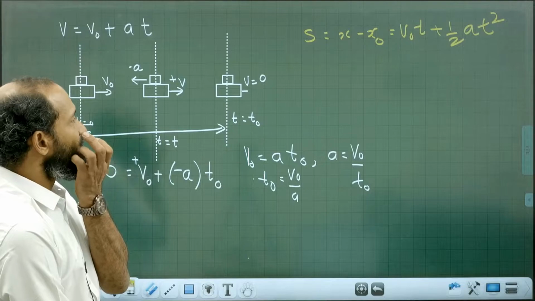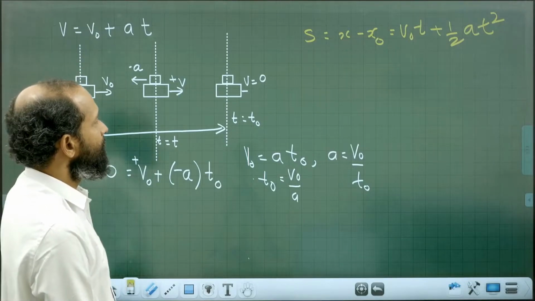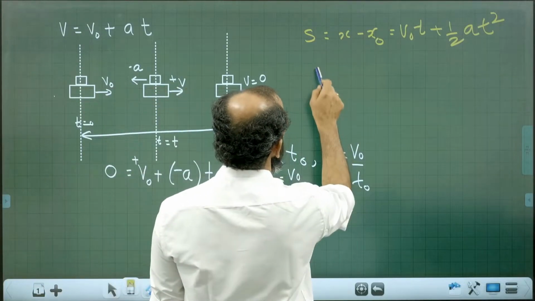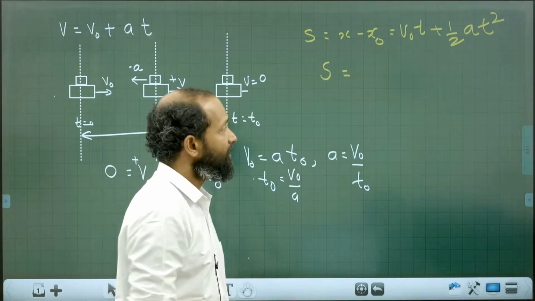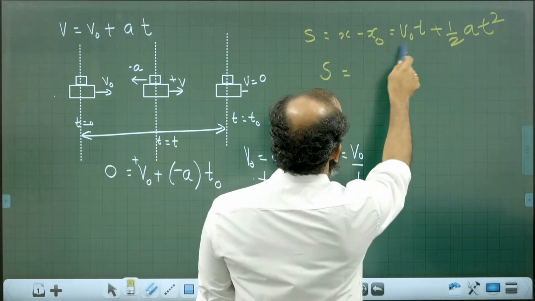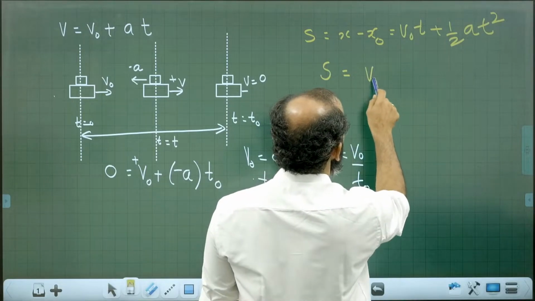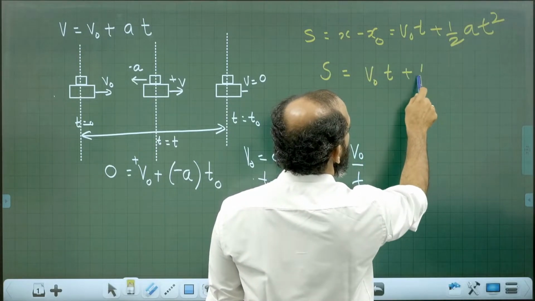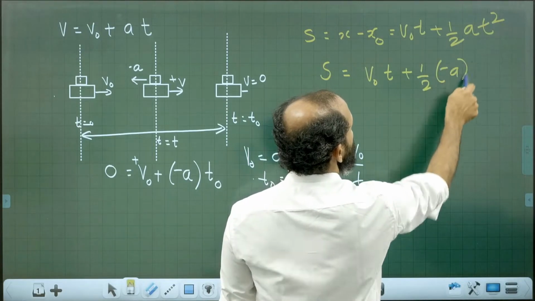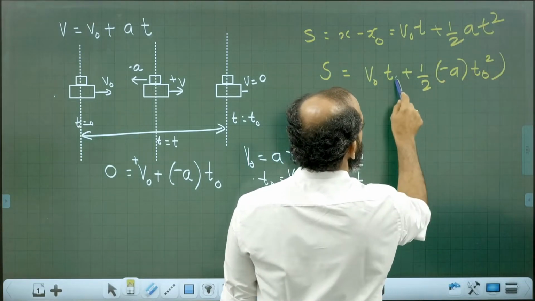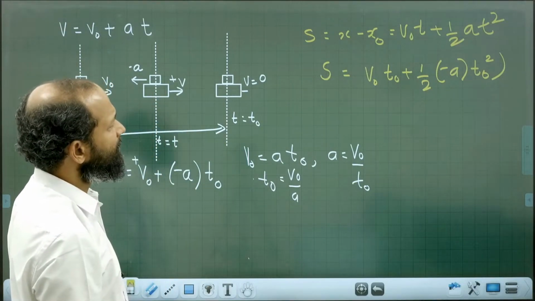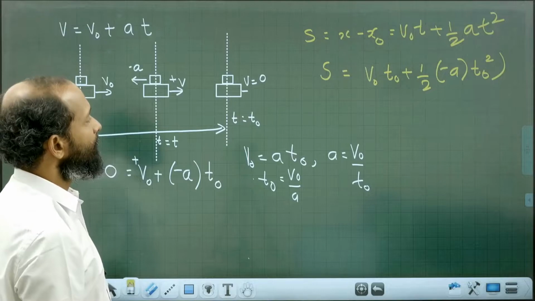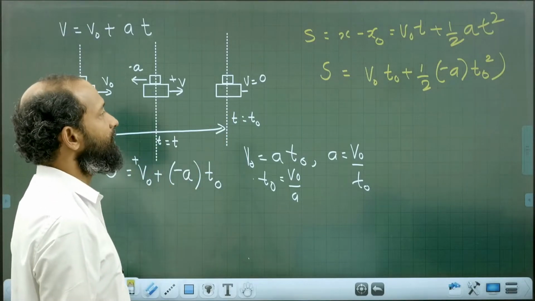Here we apply this. S is the stopping distance after which it gets stopped. S is equal to v0 t0 plus half into minus a t0 square. We can use this formula for finding the stopping distance.